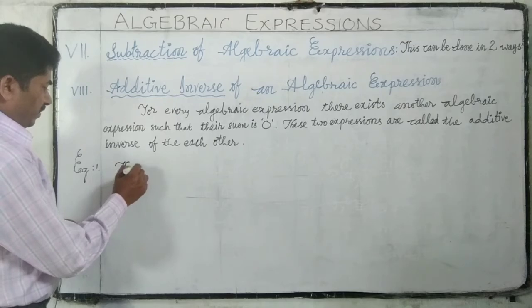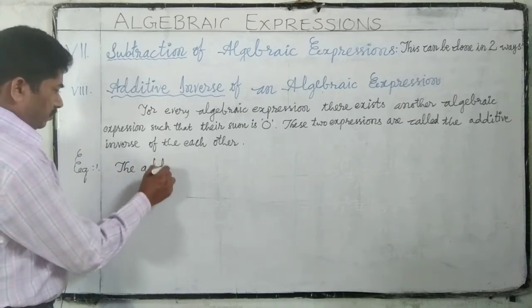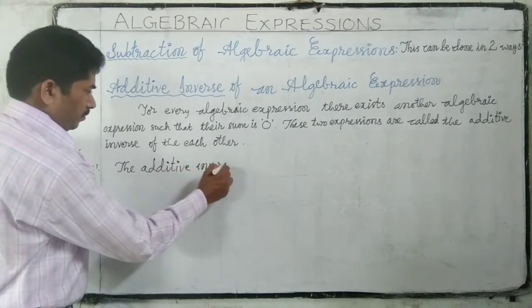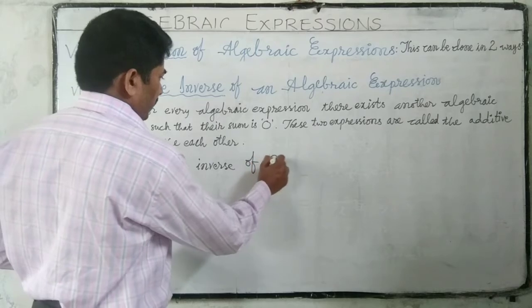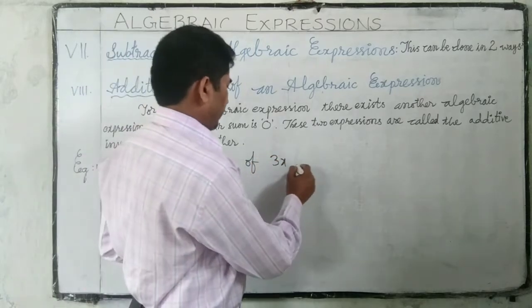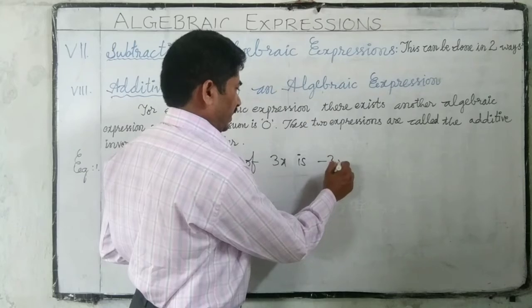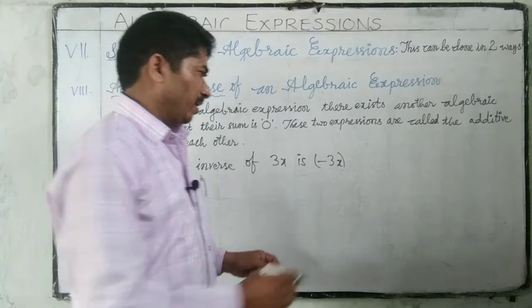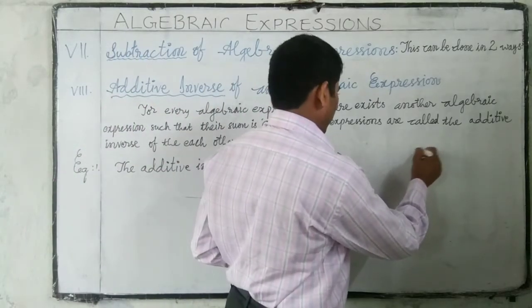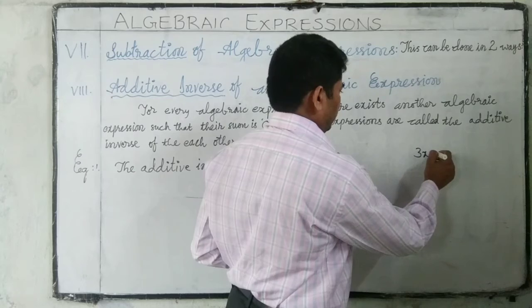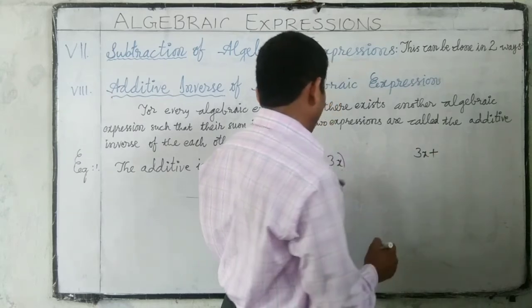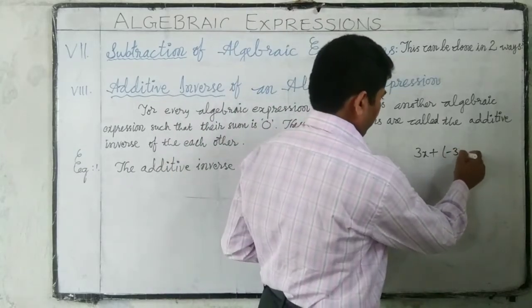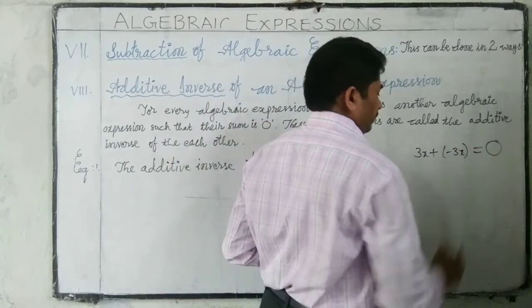The additive inverse of 3x is minus 3x, because if we add minus 3x to 3x, we get 0.